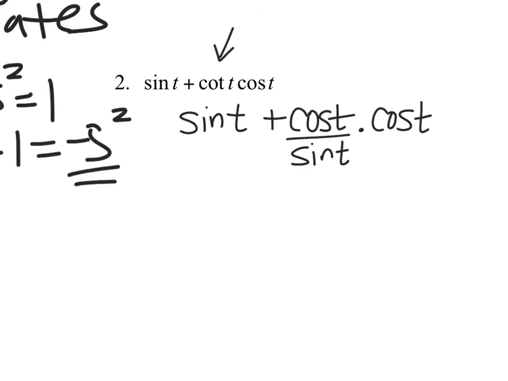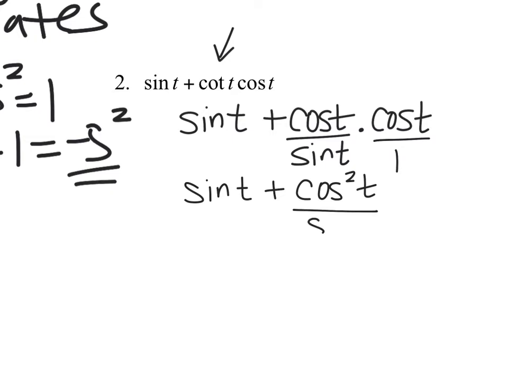So now we have sine of t plus, here we're going to multiply our fractions. So cosine t times cosine t is cosine squared t, and sine t times 1 is sine t. Now I want to combine these two. I want to add them up, and in order to add them up, I need to get a common denominator. The common denominator between 1 and sine t is going to be sine t.